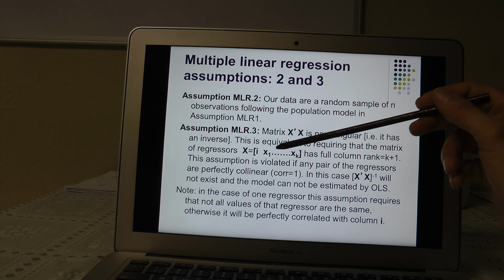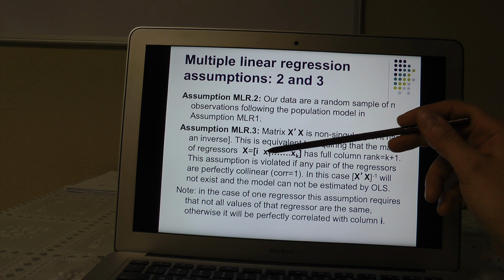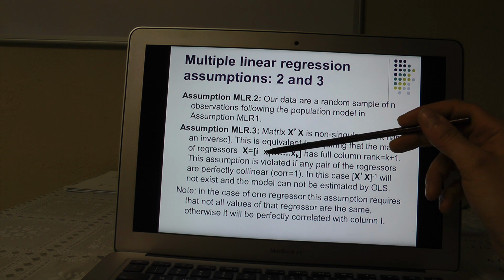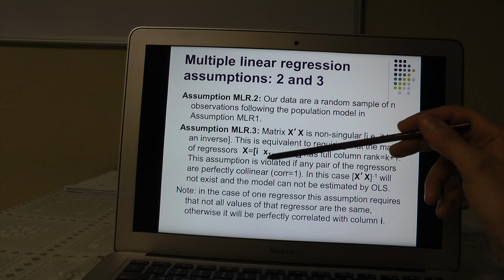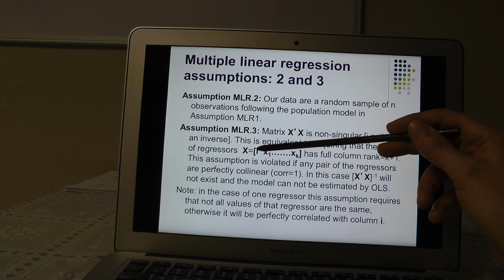That rules out situations like when you have a column of ones, which you usually do, and one of your variables is always the same value, for example, everybody has education 10. Then you cannot use that variable. That creates a perfect collinearity between education and that column of ones.